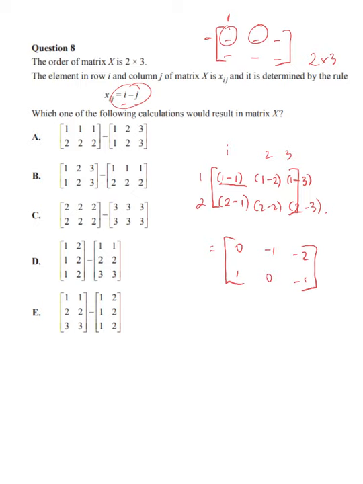So how would I tackle this in an exam? I could either have a look at the solution, see which one of these is going to work it out, or I could think about this logically. So I've got a subtraction here of row number and column number.